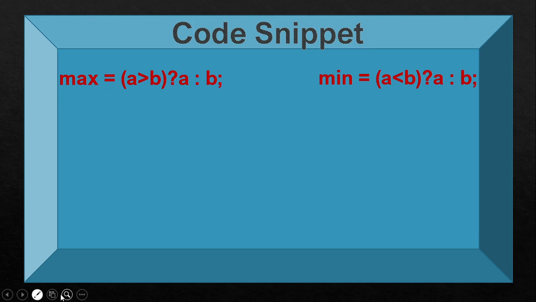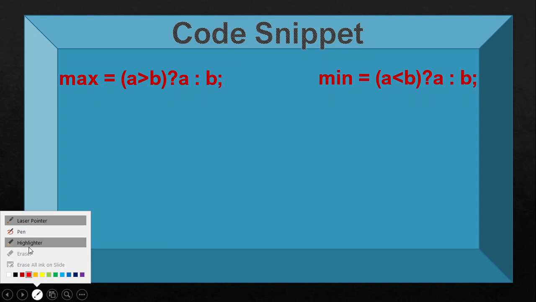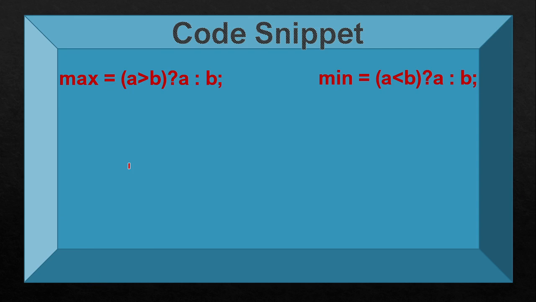Let me explain this. For example, if I am going to find the max, and the value of a is 3 and the value of b is 5, this is expression 1, this is expression 2, and this is expression 3.